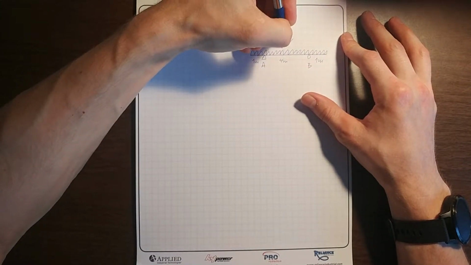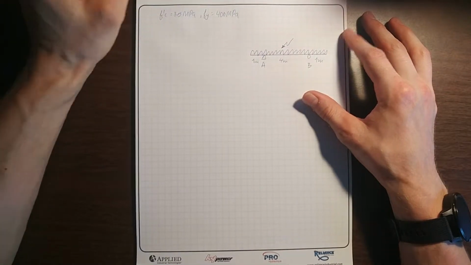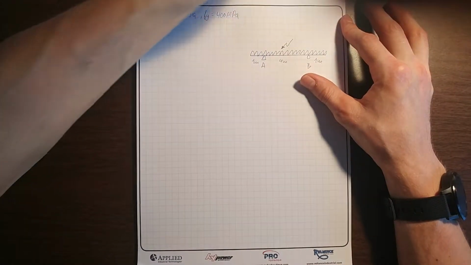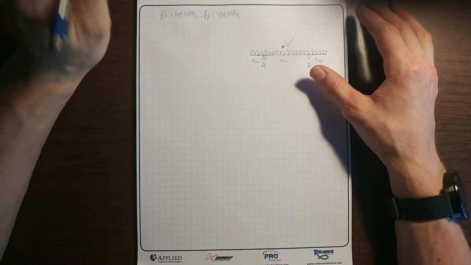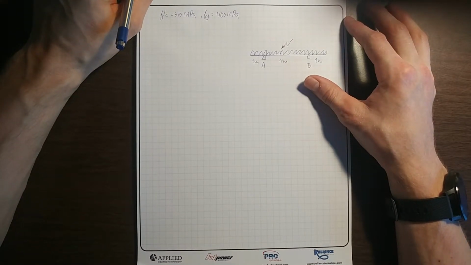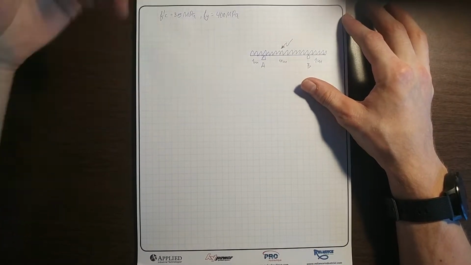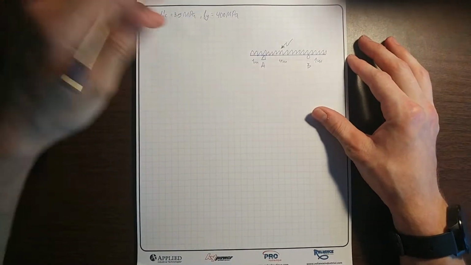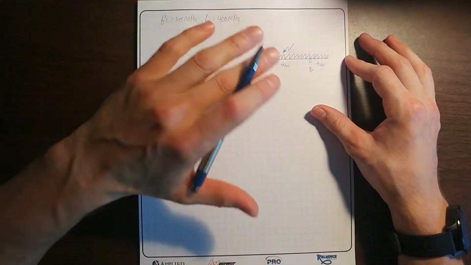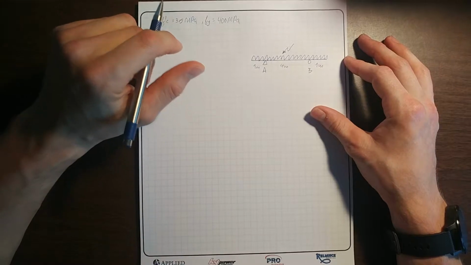I'm not going to mark it 50 kilonewton per meter yet, because we have to apply the loading case for this beam, and our actual loading is going to be more than what's given, because we have to factor it by the loading case.